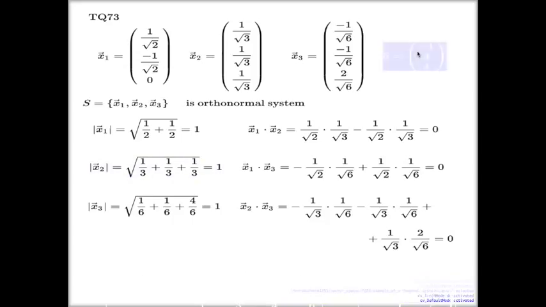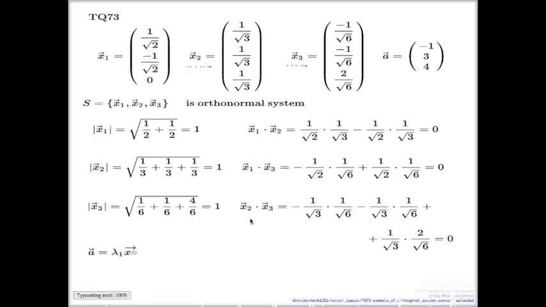So if I have another vector, say a fourth vector A, which is a nice simple vector with integer components, negative 1, 3, 4, and I'm facing the task of expressing this vector as a linear combination of these three, so finding this representation of A in terms of x1, x2, and x3, so finding the unknowns lambda 1, lambda 2, lambda 3.